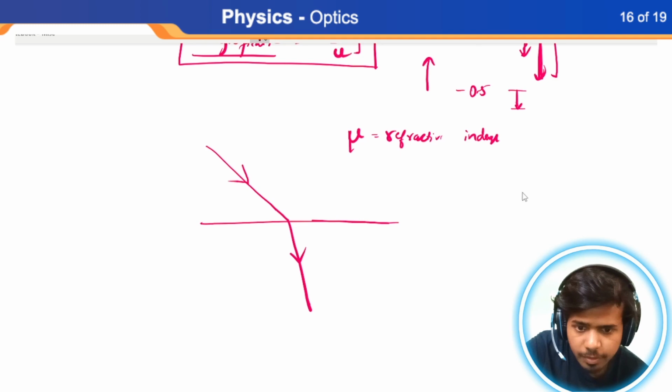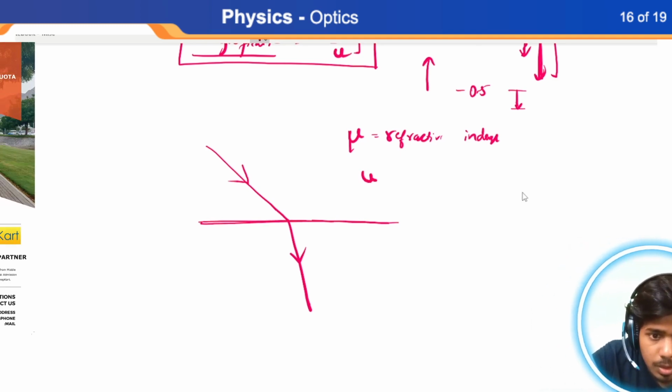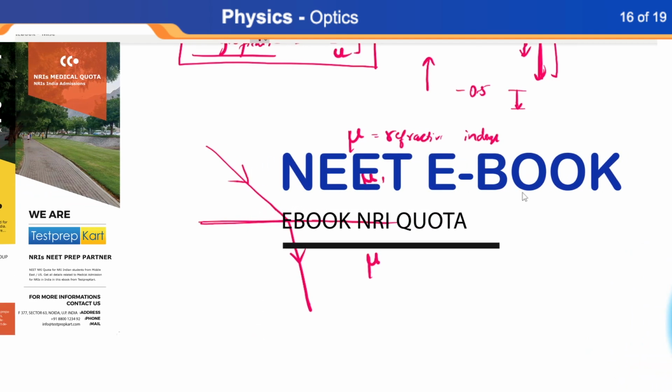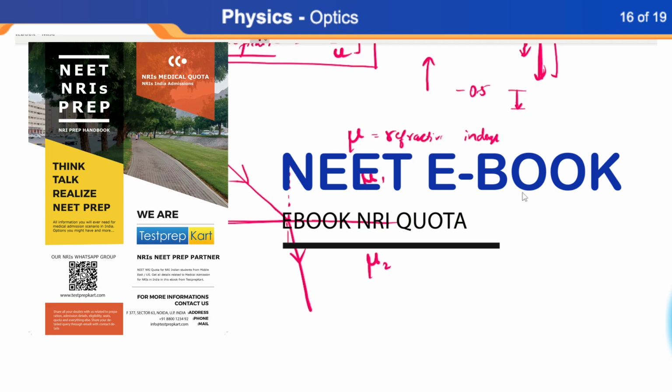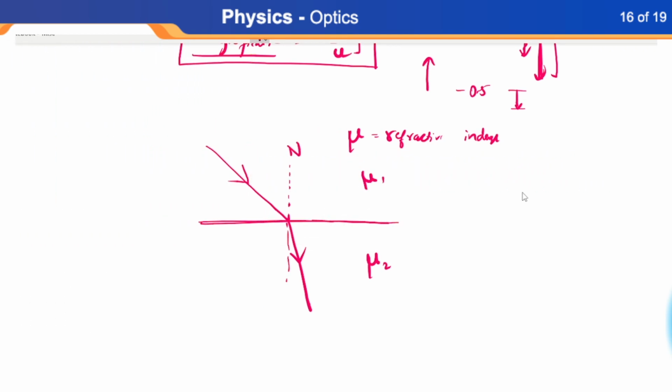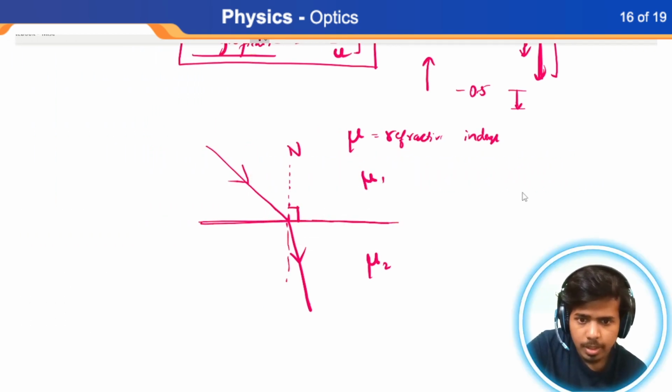See, from any surface, this is the surface, right? And this is medium 1, mu 1, and this is mu 2. What is this? This is the normal from the surface. Then this angle is called the angle of incidence, and this angle is called the angle of refraction.